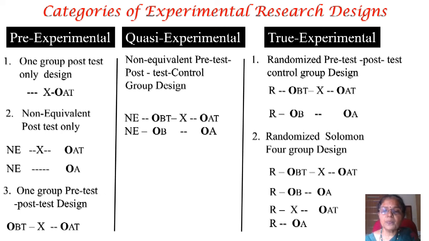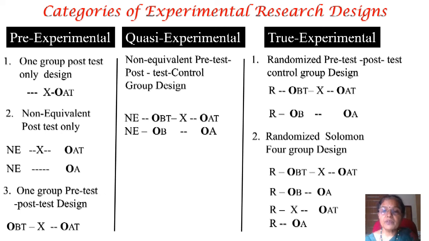And the next group is the quasi-experimental design. In this quasi-experimental design, any one of the three components or conditions may be missing. Randomization will not be there. So there won't be random selection of sampling, and there won't be random assignment of the sample.